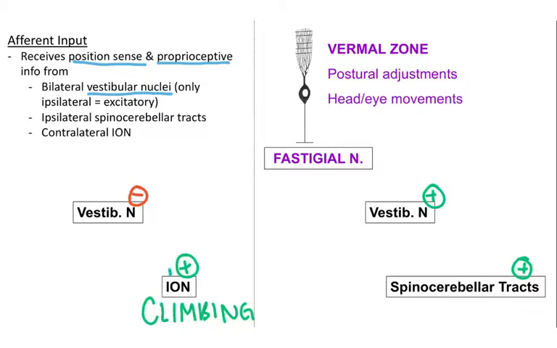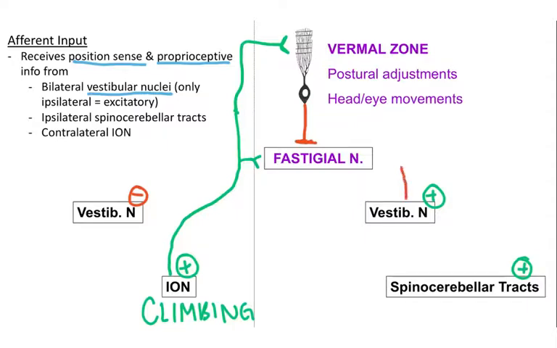So the climbing fiber is going to travel into the cerebellum and synapse at the fastigial nuclei, turning it on, which is a deep cerebellar nuclei, and then it's going to travel up into the molecular layer and excite the Purkinje cell, which is going to go back to the deep cerebellar nuclei and turn it off.